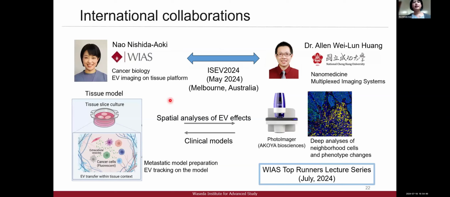I was also able to start a new collaboration with Dr. Alain Hang, whom I got to know at an international conference recently. He will help me analyze the changes in these surrounding cells and phenotypes.